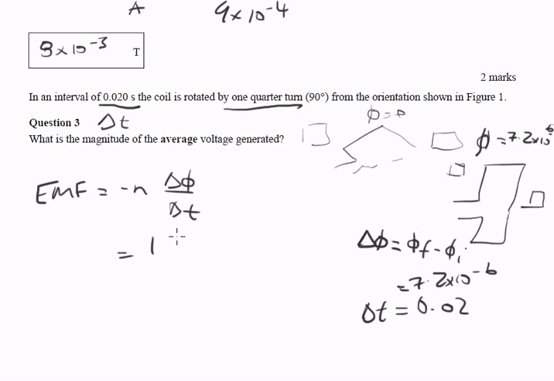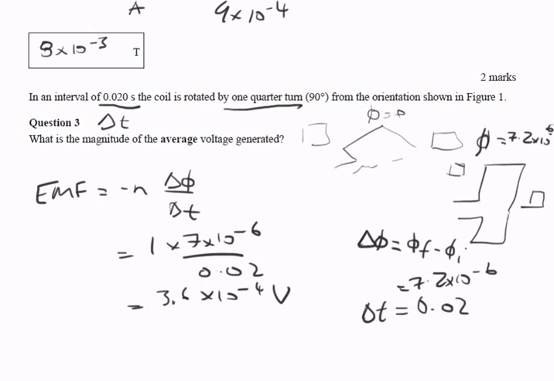The change in flux is 7.2 by 10 to the minus 6. The time is 0.02. We'll do this on our calculator, and I get 3.6 by 10 to the minus 4 volts, which is a small voltage.